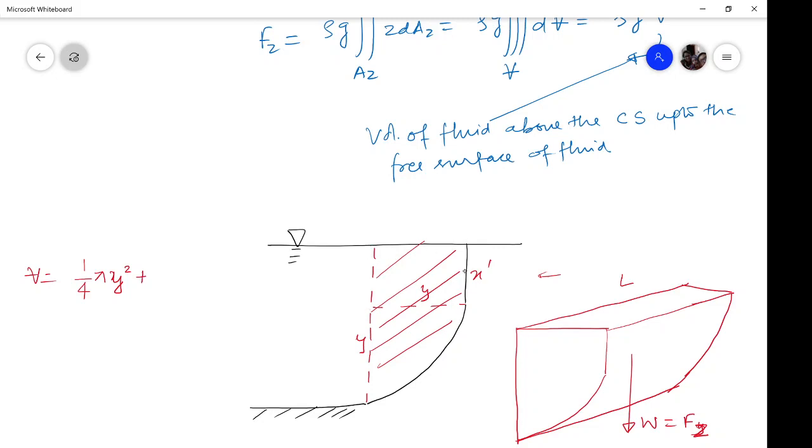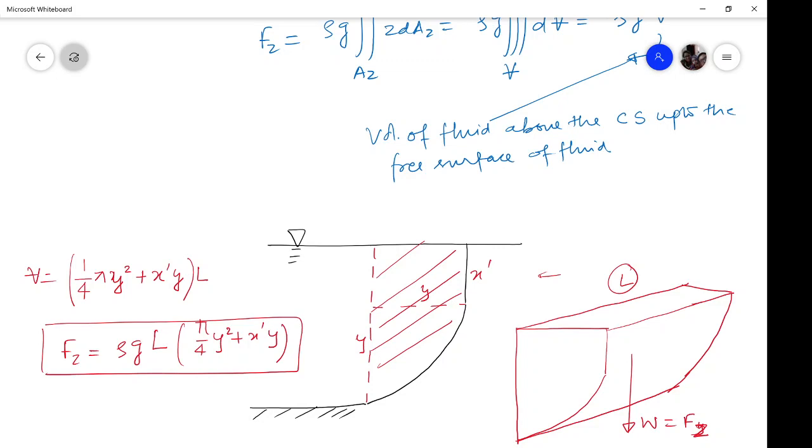This is y, this is x prime, so this is x prime y, into length which is moving into the paper. So the vertical component of force, Fz, becomes simply rho g times this volume, that is L times pi by 4 y square plus x times y. So this is what the vertical component of force will be.